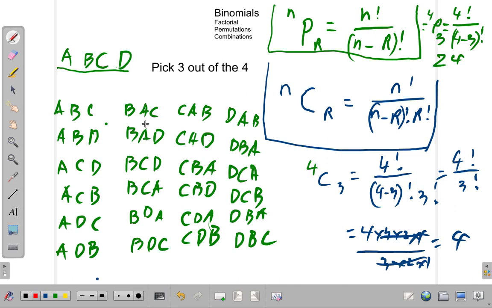Alright. We're looking for those in which you have the same letters. It doesn't matter the arrangement. Remember, for a combination we have the letters and the order doesn't matter. We're looking at one combination. So ABC, ACB, BCA, those are all the same.